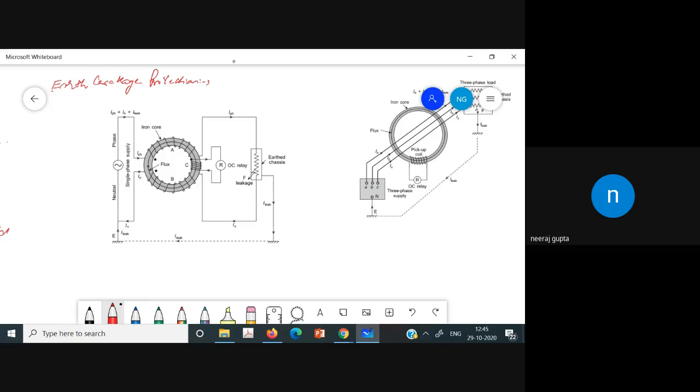Many times, because of the insulation failure of the chassis of the equipment, let us suppose that we have the equipment and there are wires within the equipment. Let us take a hypothetical case. This is the equipment and this is the chassis of the equipment.